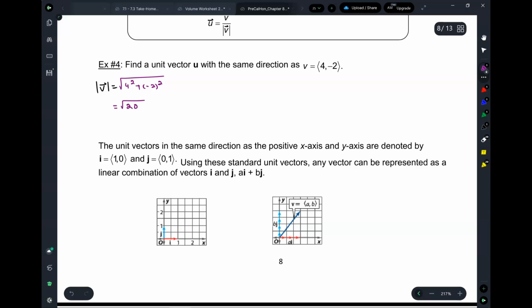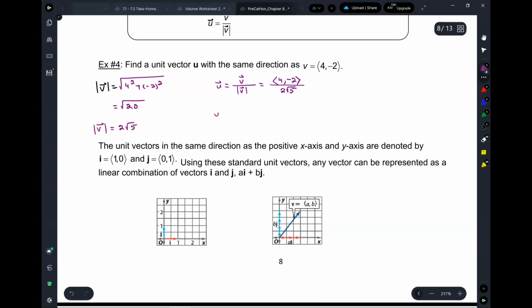That's root 20, right? So the magnitude is 2 root 5. Now, unit vector u is going to be v over the magnitude of v. What's vector v? 4 comma negative 2 over what? 2 root 5.